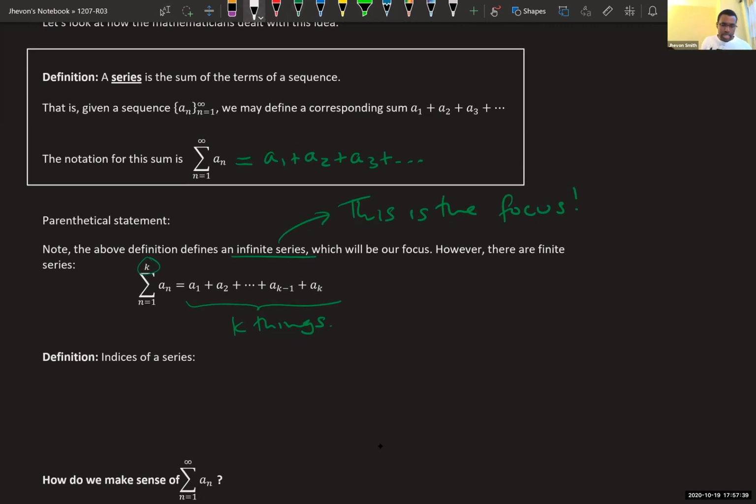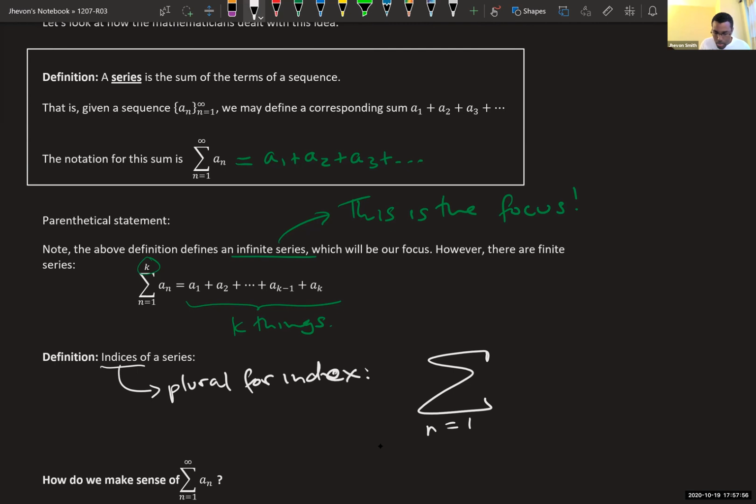And I do want to mention the name of something. There's something called the indices, which is plural for index. The index of a series is just the guy that you use to number things. So the n here, or the n equals 1, is called the index of a series.